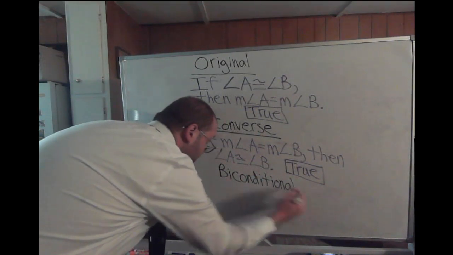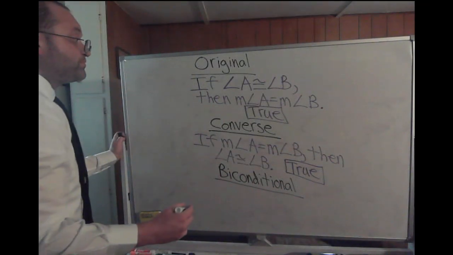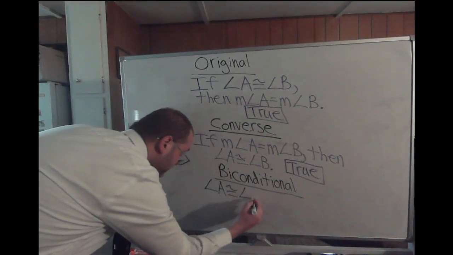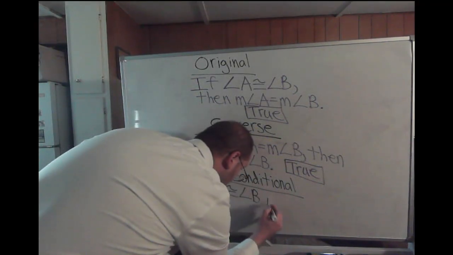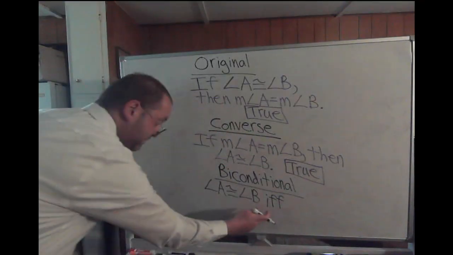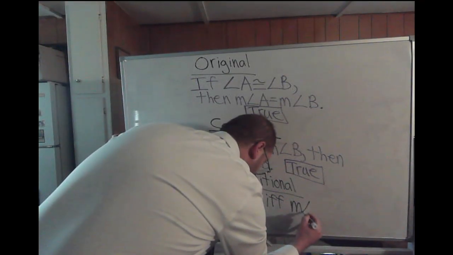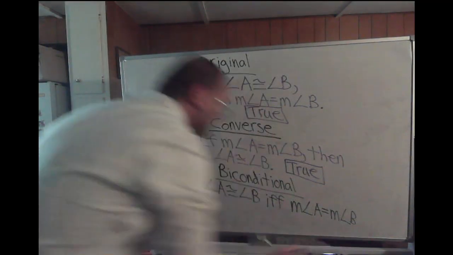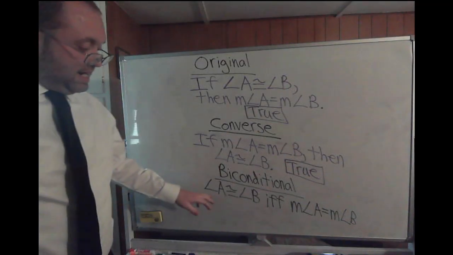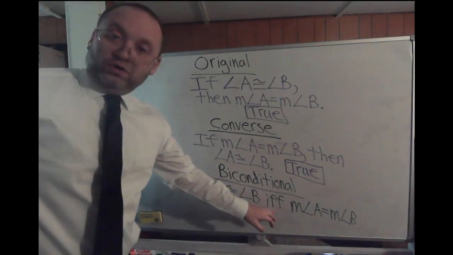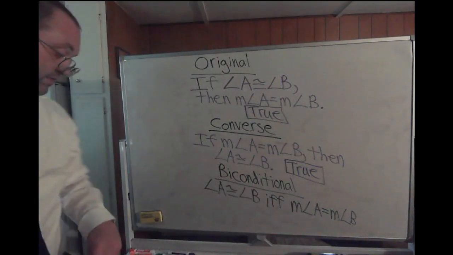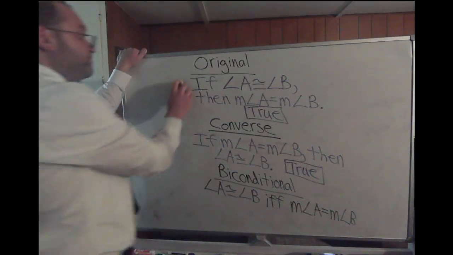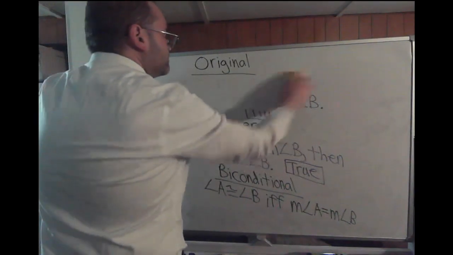Alright, so the biconditional statement is going to read angle A is congruent to angle B, and I'm going to abbreviate if and only if with two F's, if and only if the measure of angle A equals the measure of angle B. Okay, so the biconditional reads angle A is congruent to angle B if and only if the measure of angle A equals the measure of angle B. So that would be the biconditional of this statement, since both the original and the converse are true.